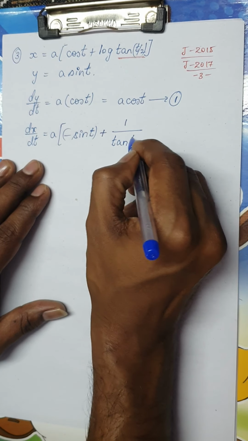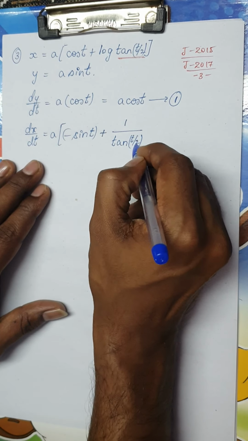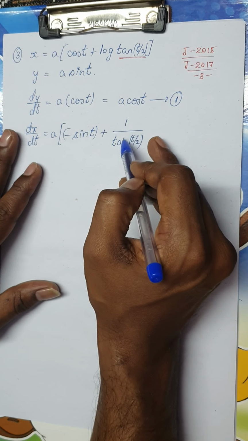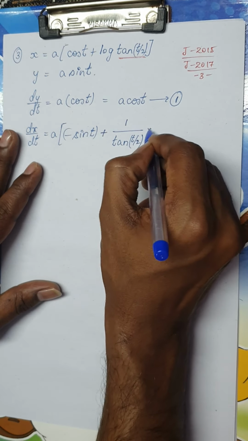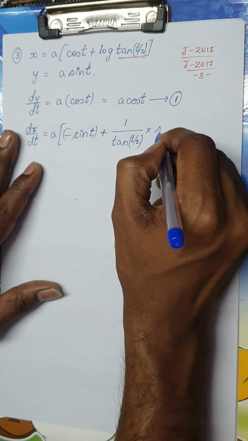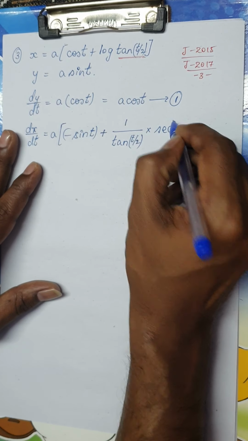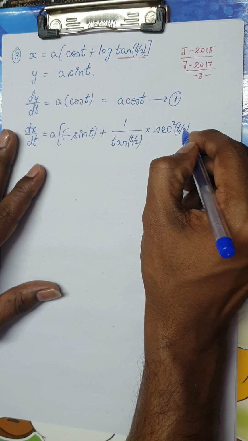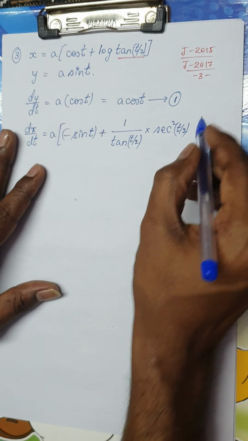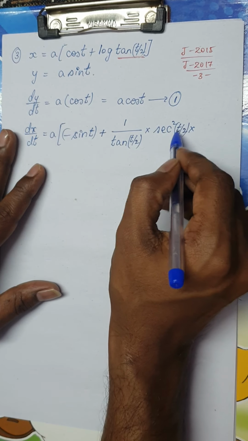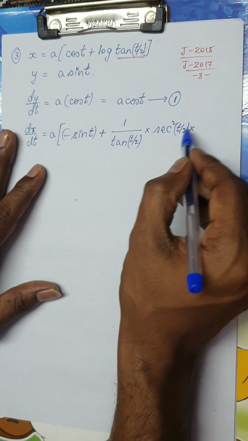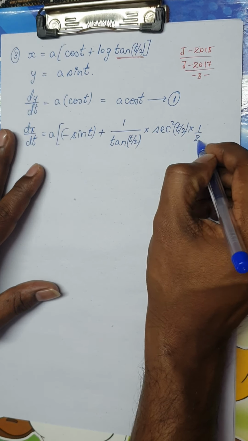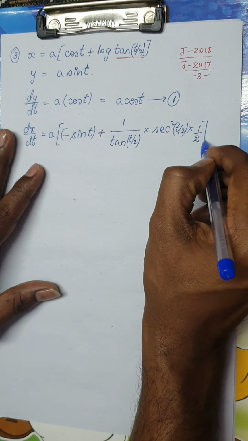F of x means tan t by 2; actually it is f of t because the parameter here is t. Derivative of 1 by tan into, remember, the derivative of tan is nothing but secant square theta. The theta here is t by 2, into, if it was just t you could have left it here, but I have another constant here, half, which should also be multiplied.